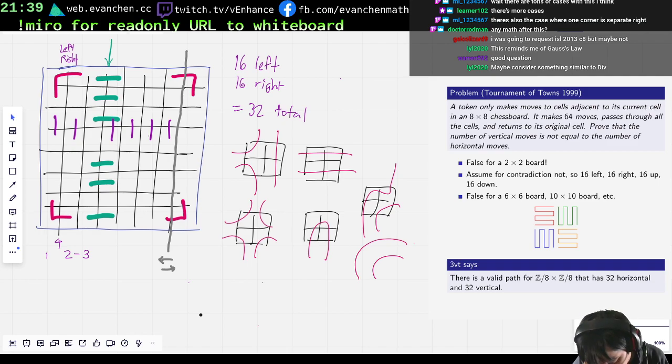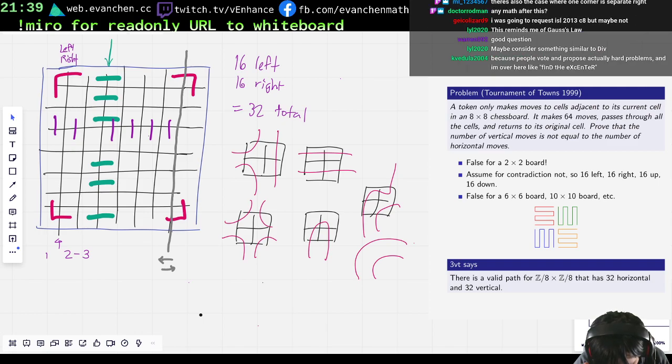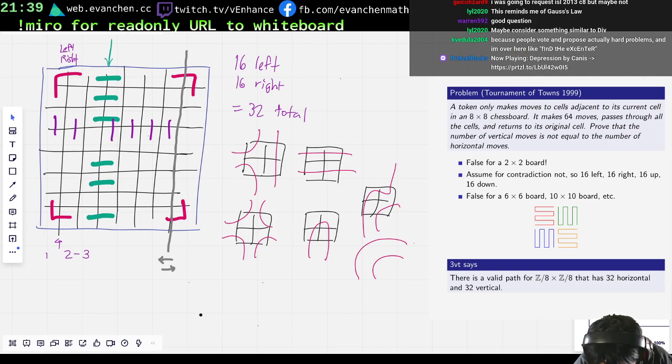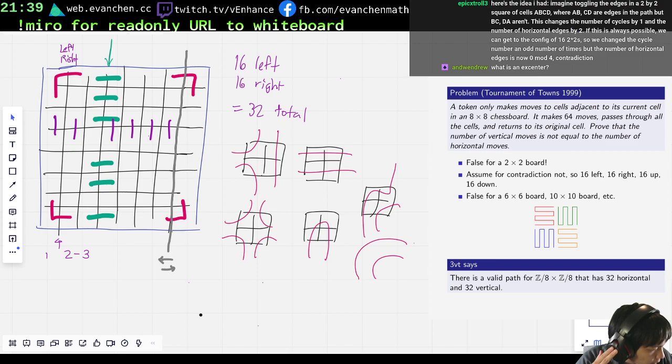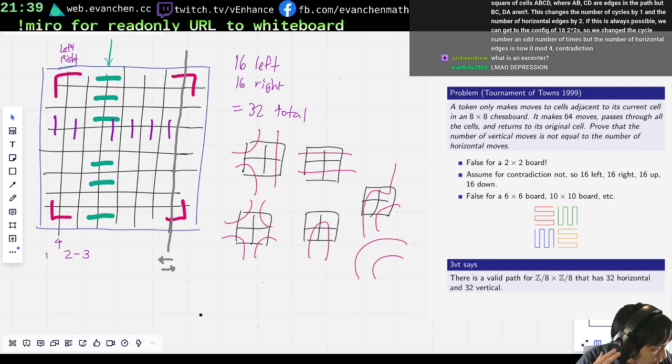Oh, jeez. So imagine toggling the edges in a 2 by 2.